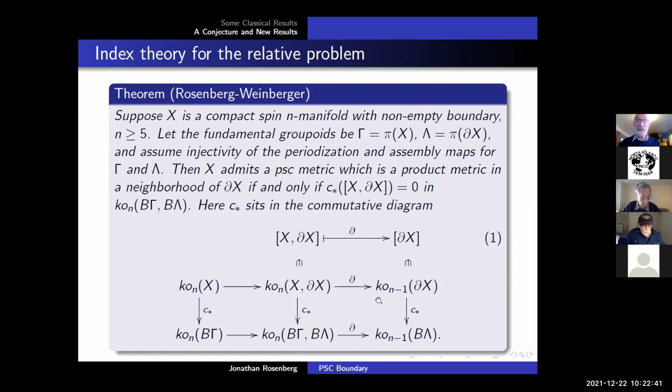So you can map this sequence over here to the corresponding sequence for the classifying spaces. And what this theorem is saying is that the existence of a positive scalar curvature metric on X, which is of product type near the boundary, is exactly equivalent to this thing going to 0 over here in this relative group.